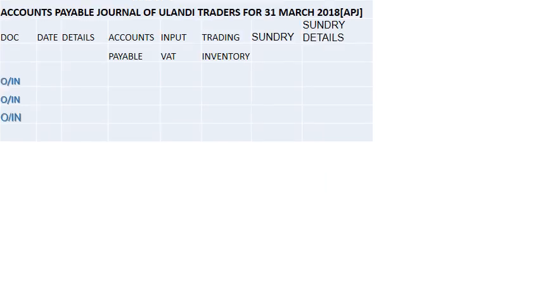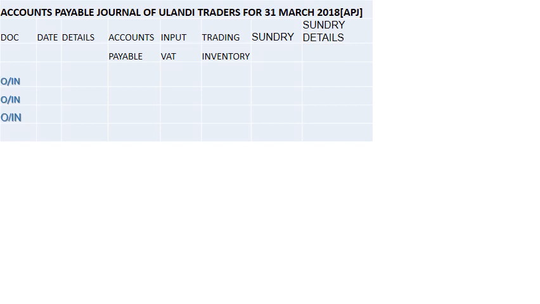The accounts payable journal of Ulandi Traders for the end of March 2018 will have the following columns: the document, the date, the details, the accounts payable column to record amounts including VAT, the input VAT column, the trading inventory column to record amounts excluding VAT, the sundry column, and the sundry details.